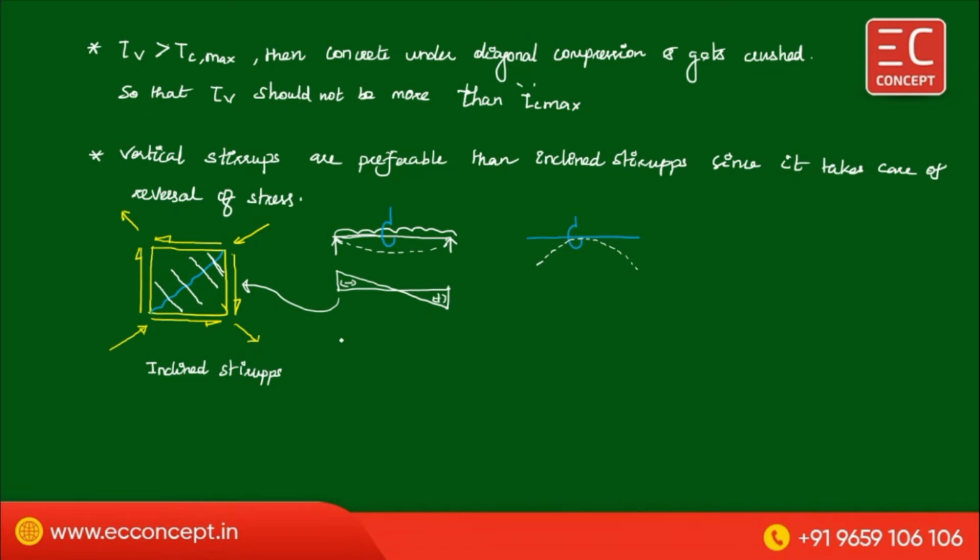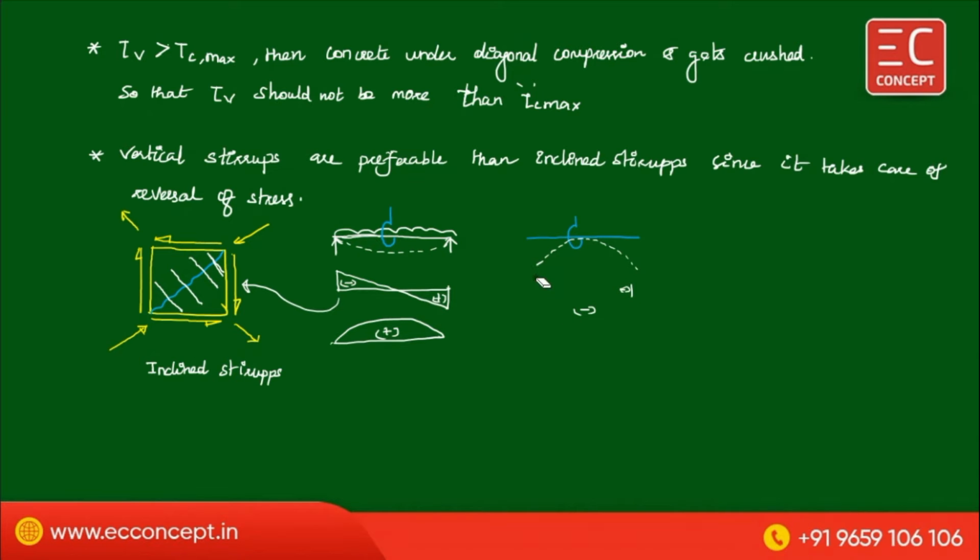Initially it is subjected to a sagging moment, positive. Now this beam is subjected to a hogging moment, that is negative. And the shearing stress is reversed now.